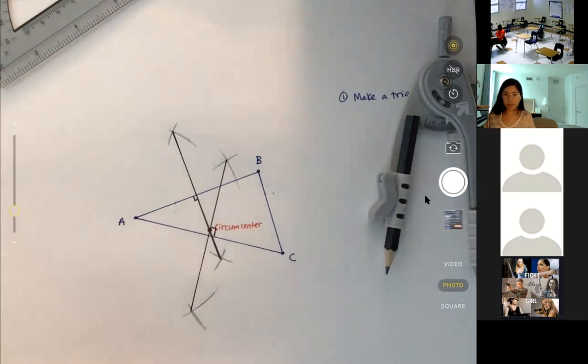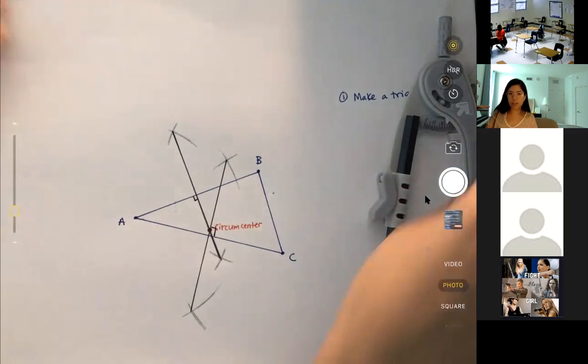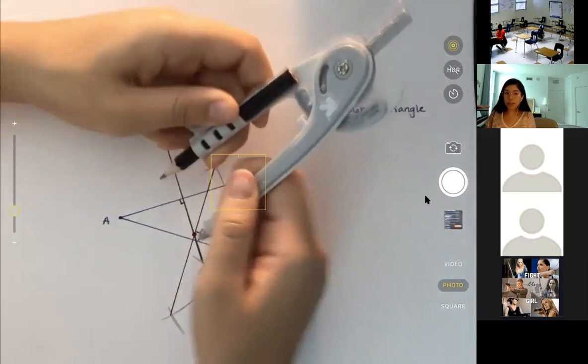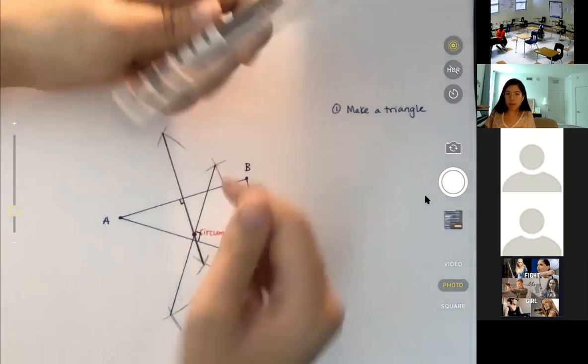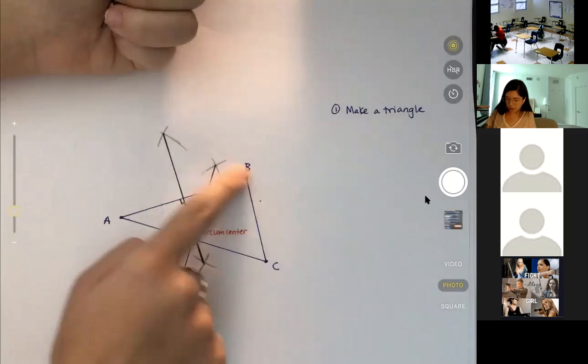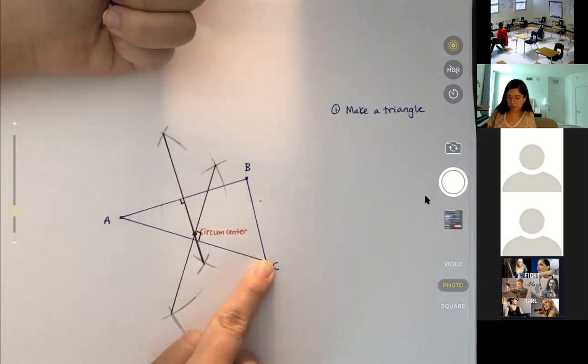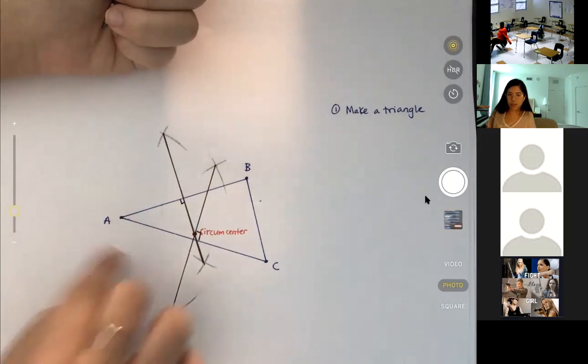And now that I have my circumcenter, all I need to do is take my compass and make a circle. But be very careful. Remember that my circle has to touch all three vertices. All three vertices have to lie on the circle.